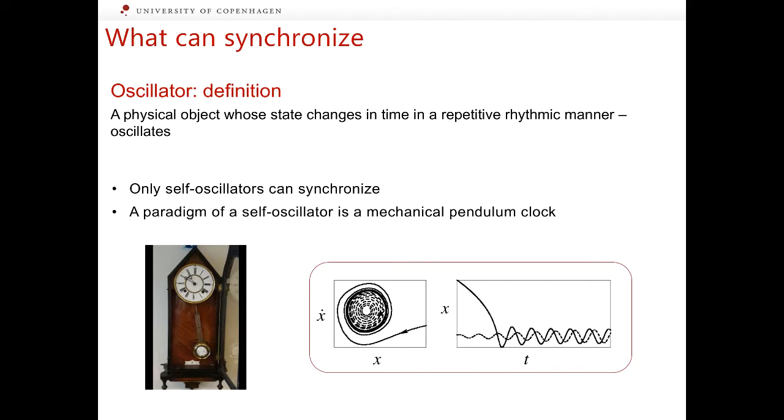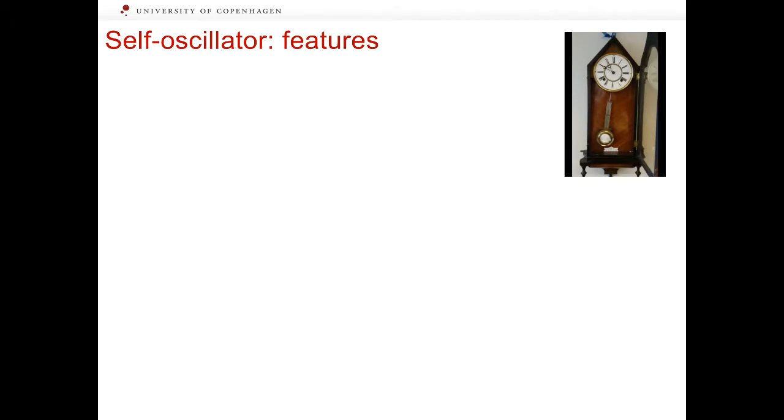This self-oscillator has the simplest oscillatory attractor, the limit cycle. You can immediately recognize a distinguished feature of self-oscillators. From initial conditions starting in a certain vicinity of the attractor, here of the limit cycle, their phase trajectories converge to the attractor.